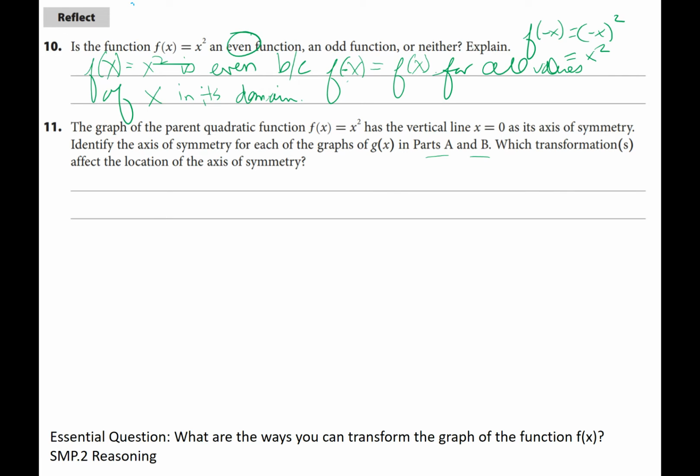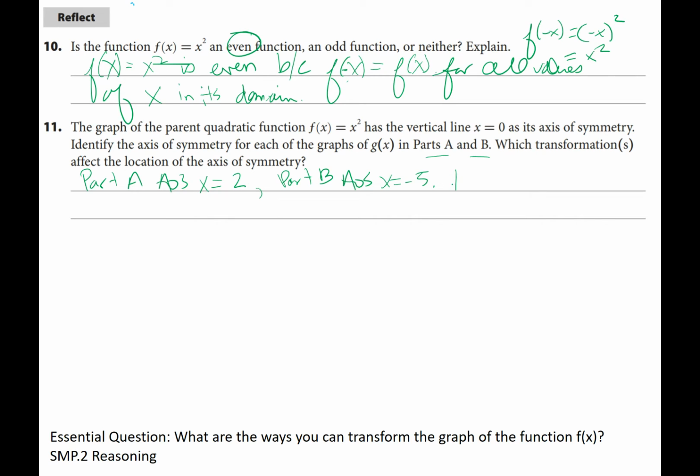So we would want to say part A axis of symmetry, I'm abbreviating AOS, is x equals 2. And part B axis of symmetry is x equals -5.